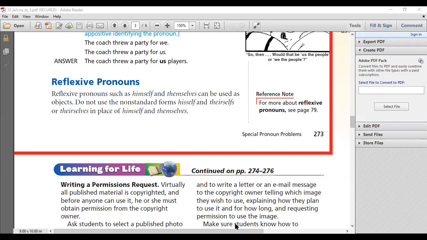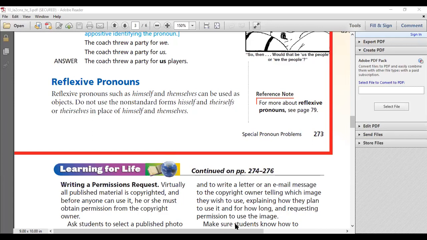One thing that makes intensive and reflexive pronouns different from any other pronoun is that the ending is usually either self or selves. Self is for singular pronouns, and selves, with a V, is for plural pronouns.